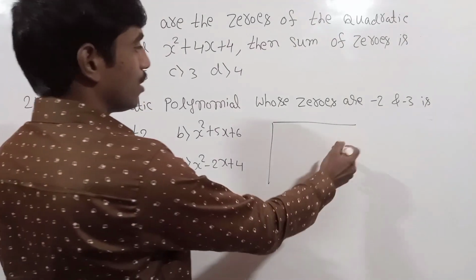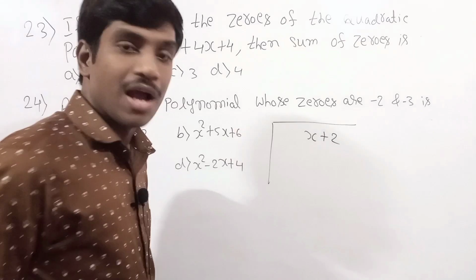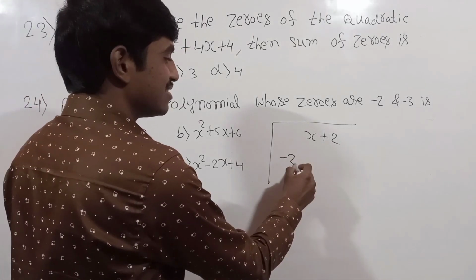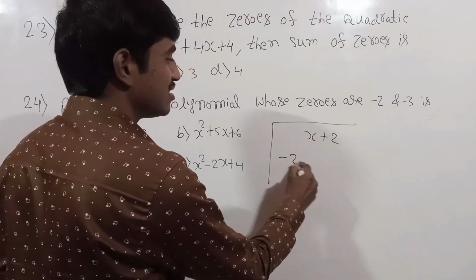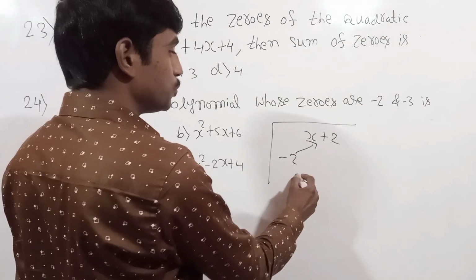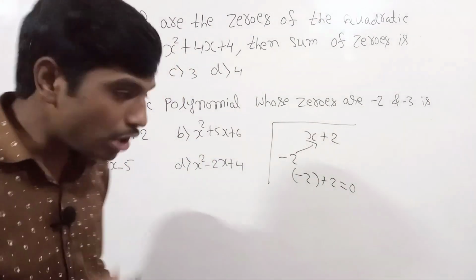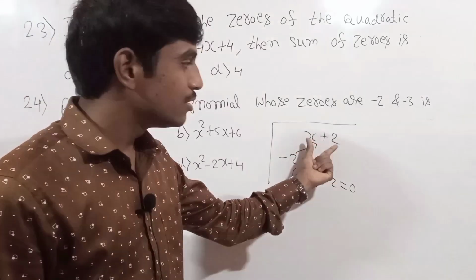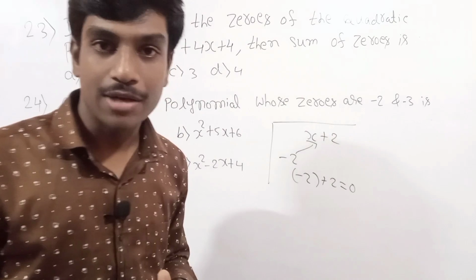Let's say the polynomial is x plus 2, and if I say minus 2 is the zero of this particular polynomial, the meaning is when you substitute minus 2 in this equation, the answer will be 0. So for what value the polynomial will be 0, that value is called the zero of the given polynomial.